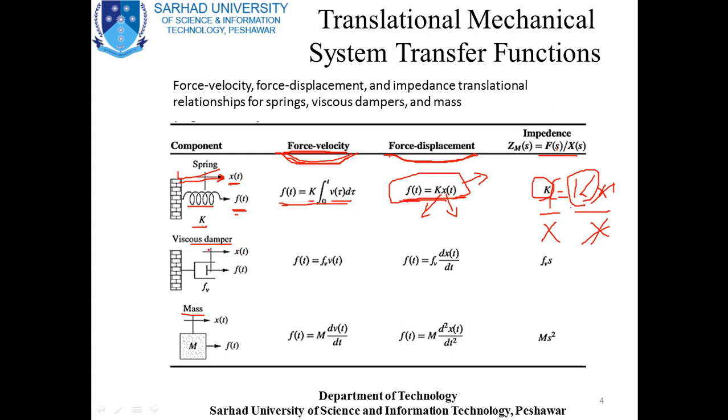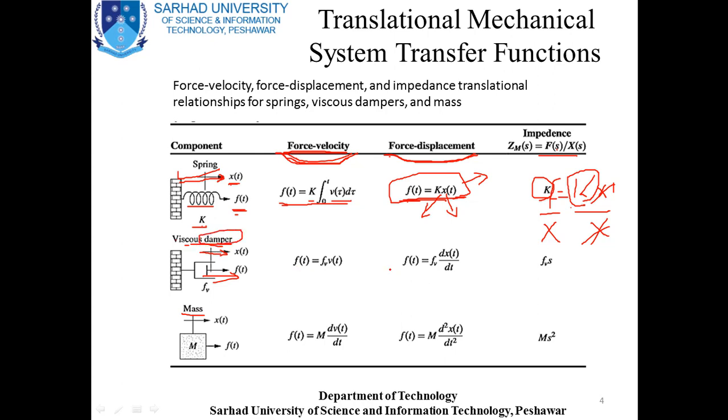Similarly, another component that is used in mechanical system is the viscous damper. You can also see that there is a force applied outside and the body has covered some distance, but there are some kind of resisting forces, damping forces.